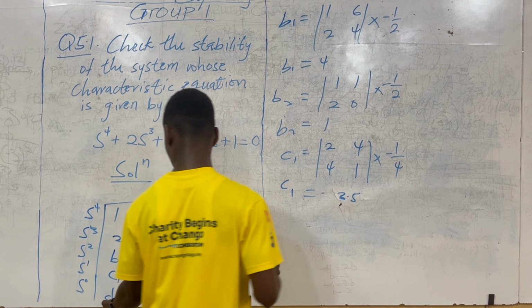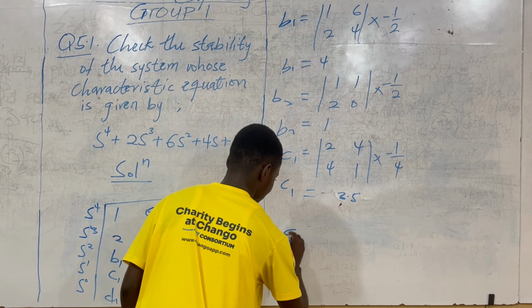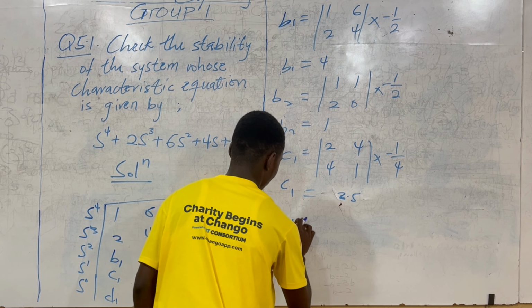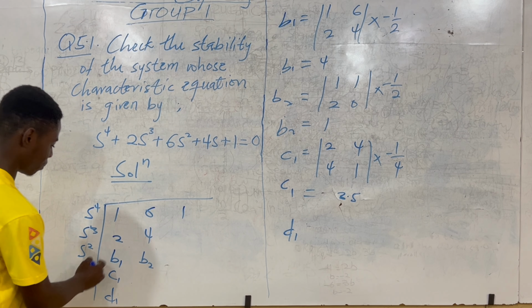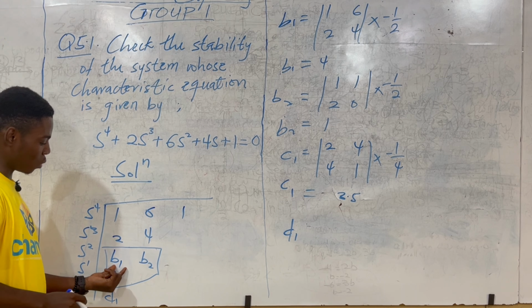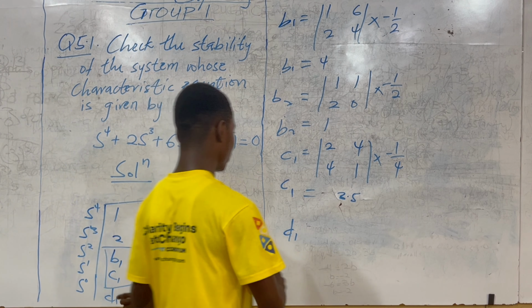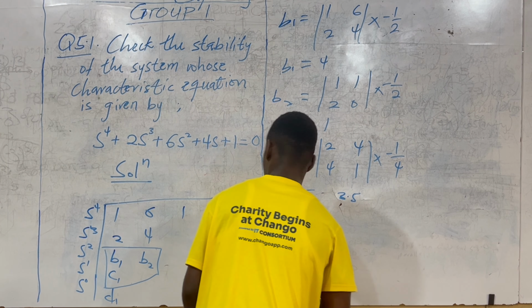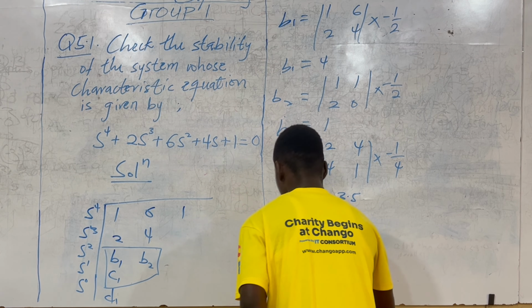Moving on, we are going to solve for our d1, which is going to be the matrix form at this section. We know our b1, b2, and c1, so we are going to use those to solve for d1.